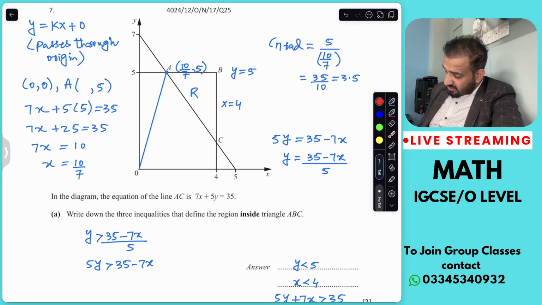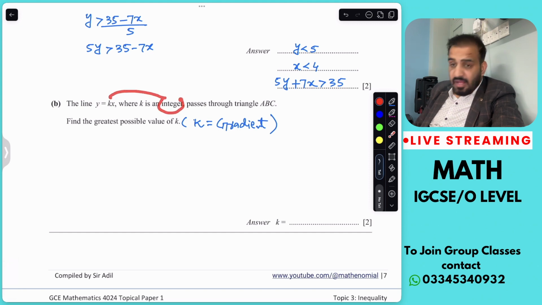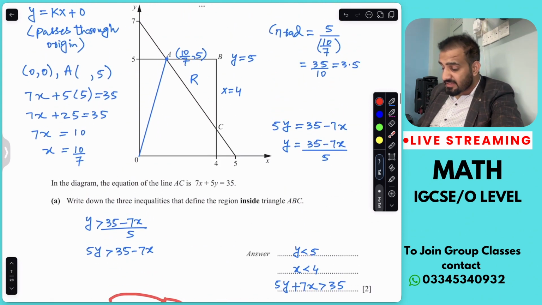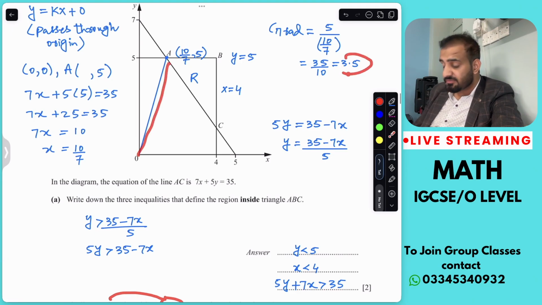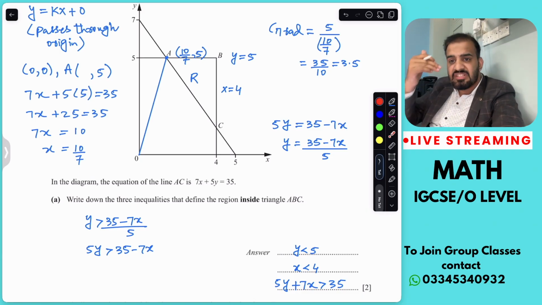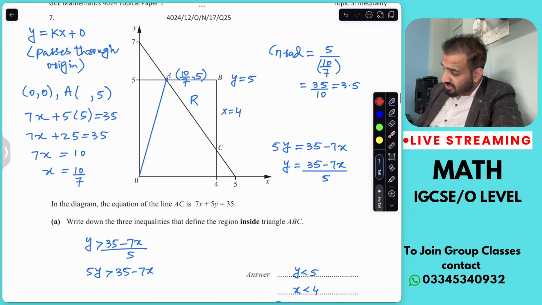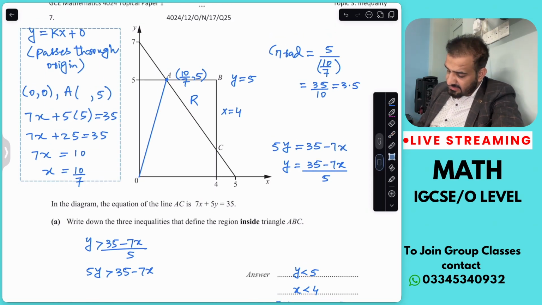Now, as you know, the question was saying the gradient was an integer. Now see, the maximum gradient of this line is 3.5. But 3.5 is not acceptable because this is a decimal. So tell me some number which is less than 3.5, but very, very close to 3.5, and it must be some integer. So that is k equal to 3. So k equal to 3 is my maximum gradient inside the line.